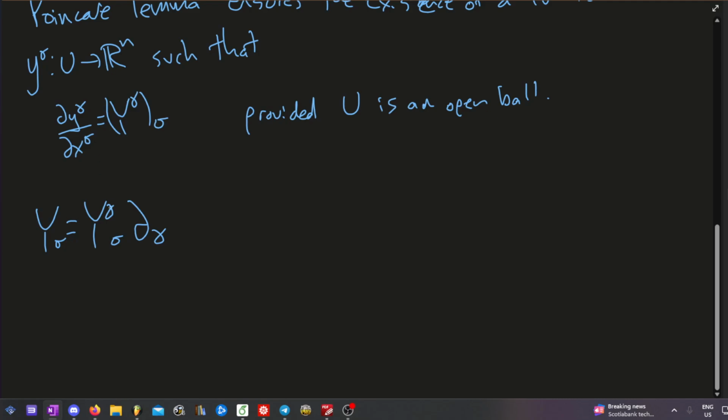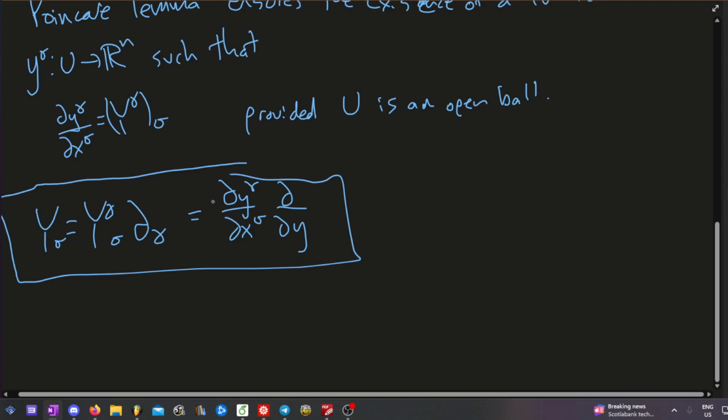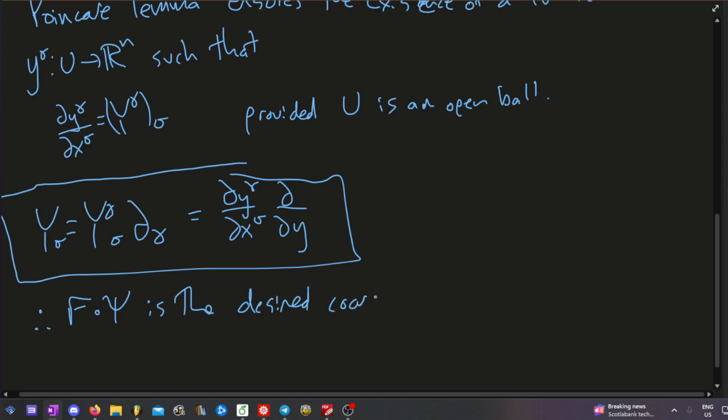So let's substitute in Y gamma sigma from up here. We're going to have del y gamma by del x sigma times del by del y. So this shows that the Y sigma are the coordinate vector fields that we're asked to find, and therefore f composed with phi is the desired coordinate system.